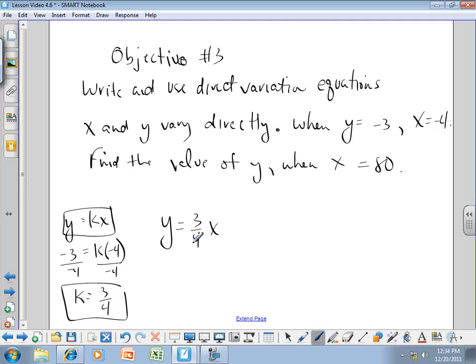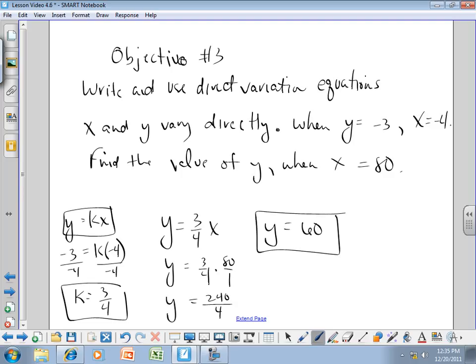Now that I have a usable equation, I'll simply put 80 in for x. And I made it a fraction because this is a fraction. I'll multiply across the top. That's 240. Multiply across the bottom. That's 4. Take your calculator: 240 divided by 4 is 60.